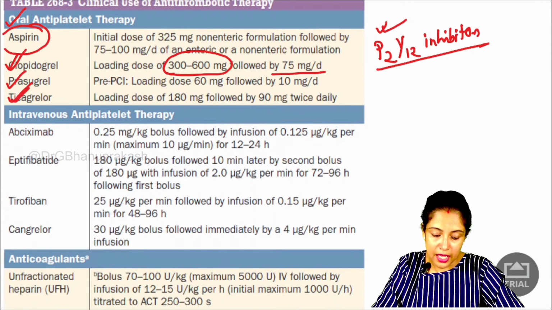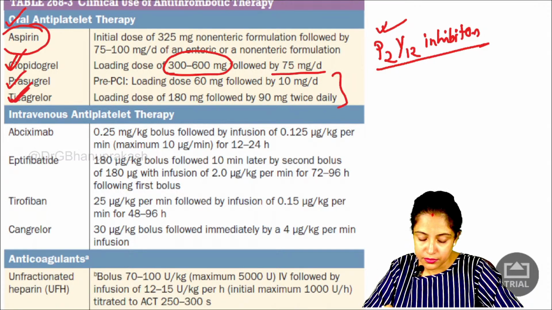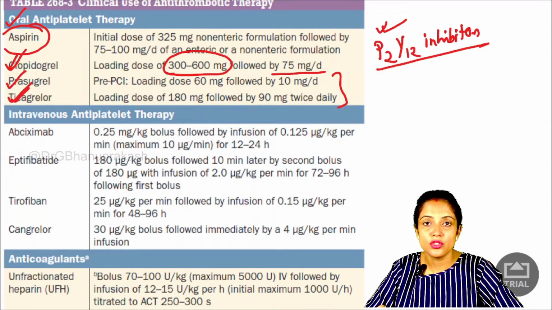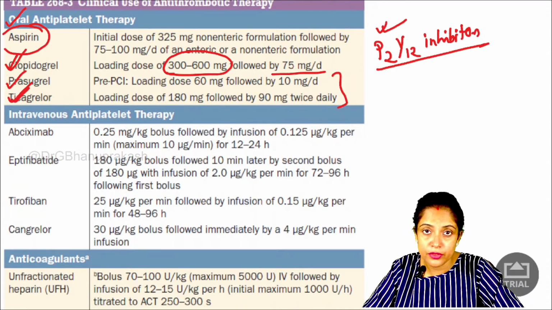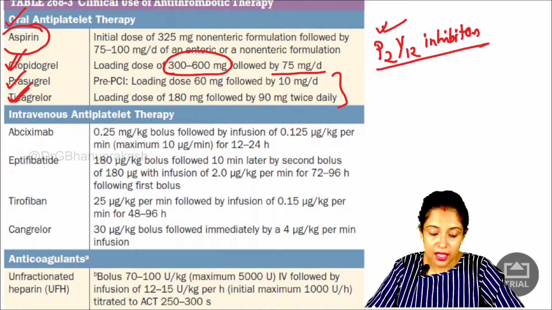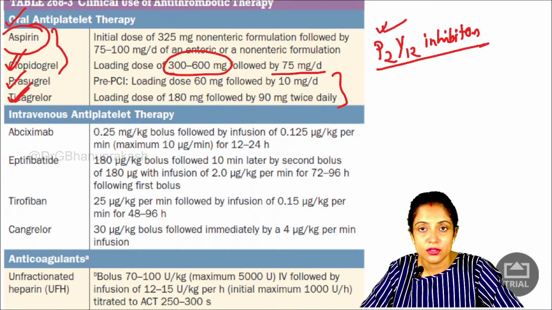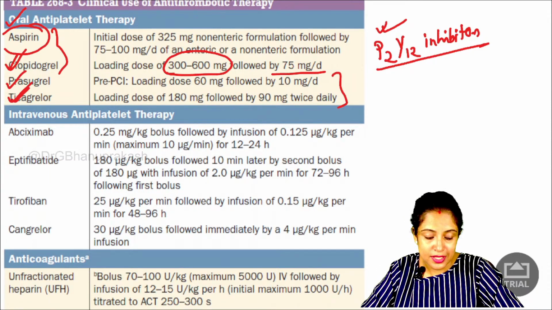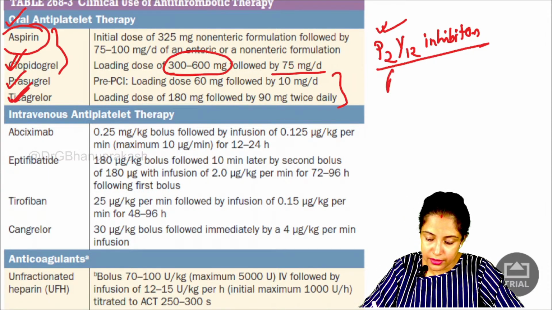Instead of clopidogrel we could have used prasugrel or ticagrelor, but they are not usually used because they have a high risk of bleeding. So that is why the preferred dual antiplatelet therapy is aspirin and clopidogrel.